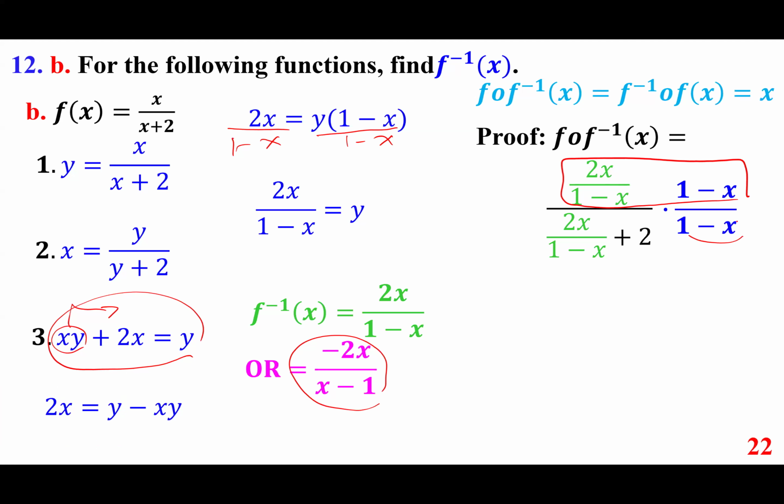The product of these two, the same thing. It's just the numerator 2x plus 2 times 1 minus x. And we are going to simplify it.